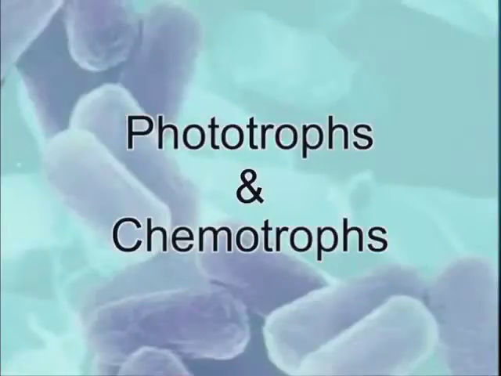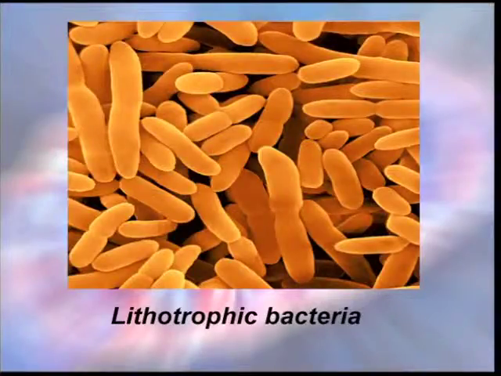The autotrophs can be divided further into two subgroups on the basis of the energy source they use, such as phototrophs and chemotrophs. The division may also be based on the nature of substances oxidized and the source of electrons. Now, lithotrophs.